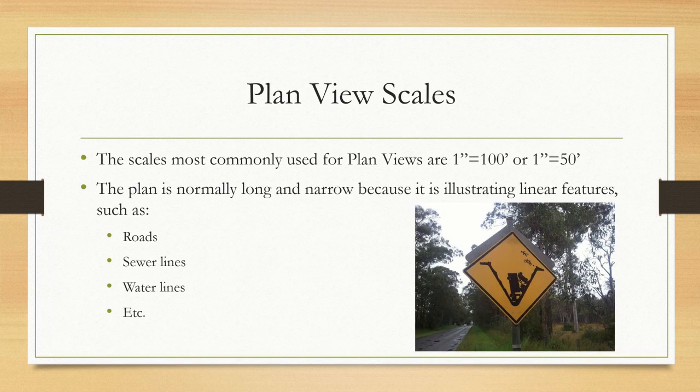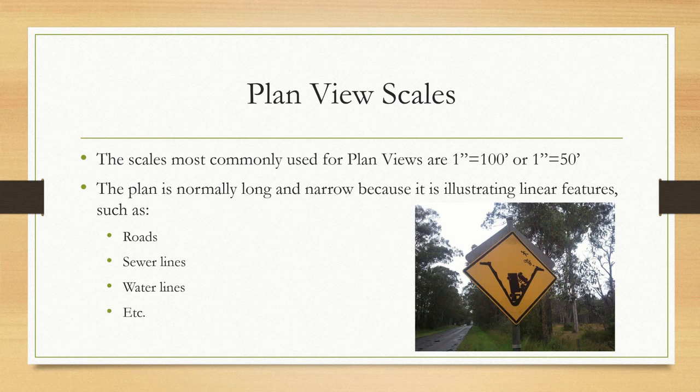All right, so let's talk about plan view scales. Typically for a plan view the scales are 1 inch equals 100 or 1 inch equals 50. In our case, I think our assignment we're going to be doing is 1 inch equals 30 feet for print scale.